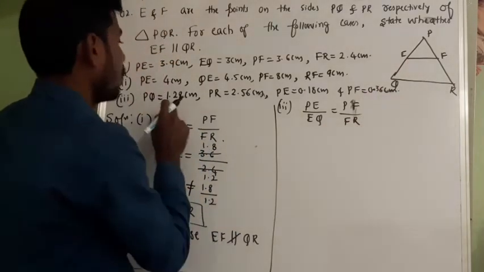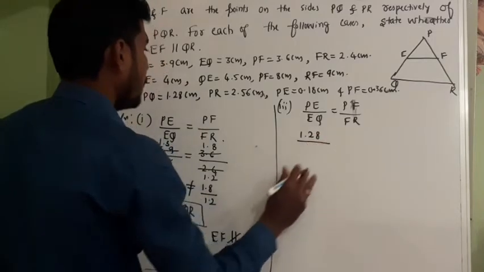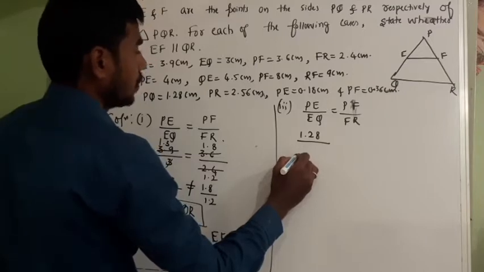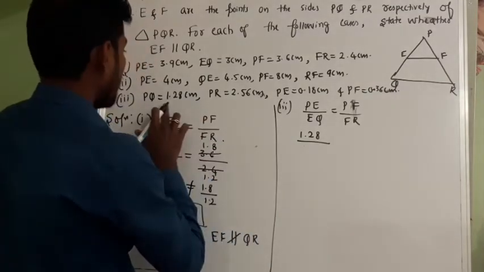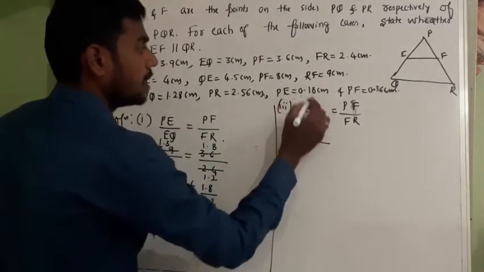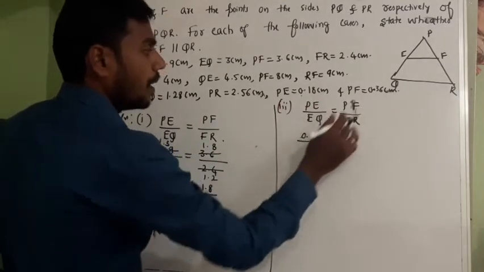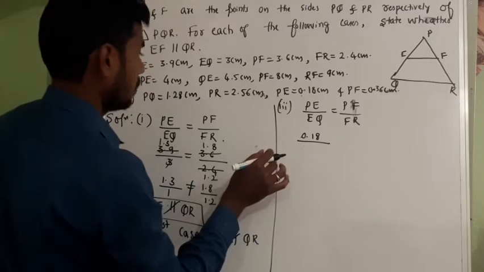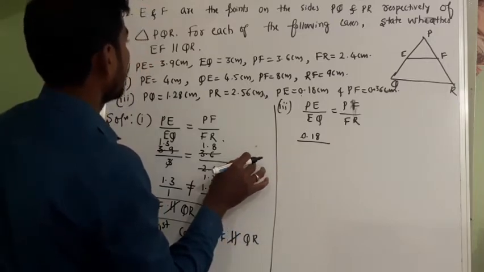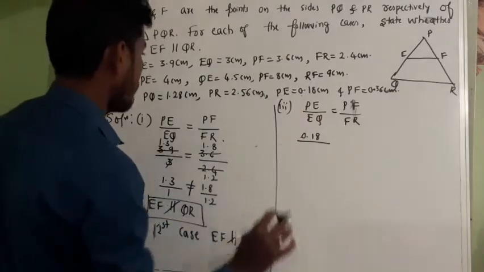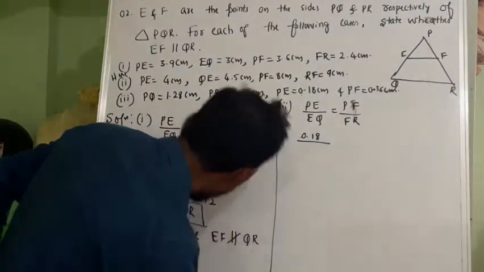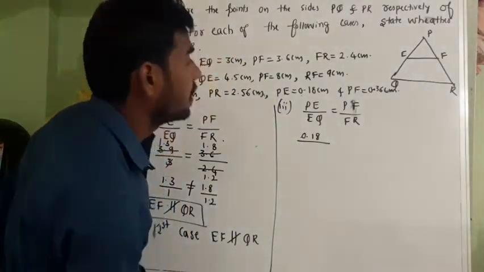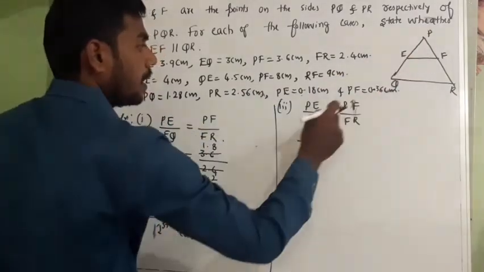PQ is 1.28 centimeter, PR is 2.56 centimeter, PE is 0.18 centimeter, PF is 0.36. Where is PE? PE by EQ.